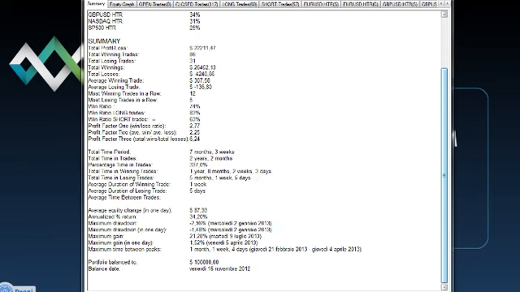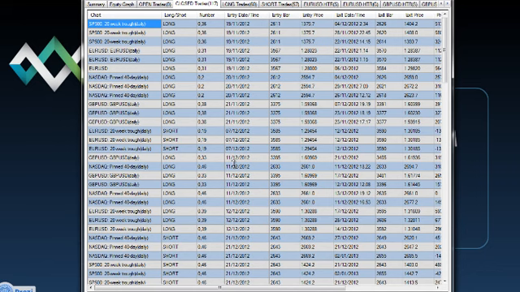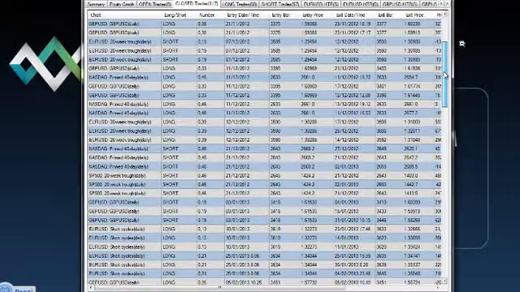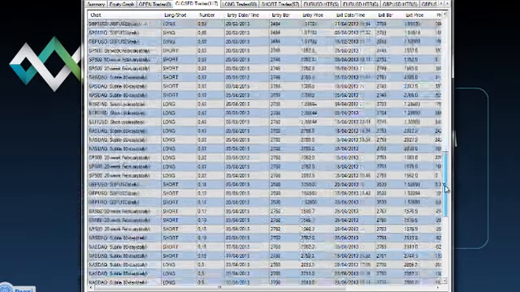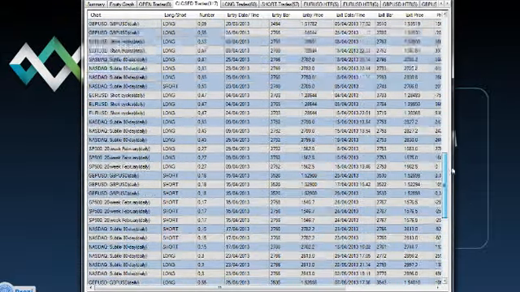Let's move on. I'm not going to dwell on each of the individual instruments at length. Here is a list of all the closed trades, and you can download this from the page you're watching this video on as well, and you can see all of the trades that are included in the portfolio.